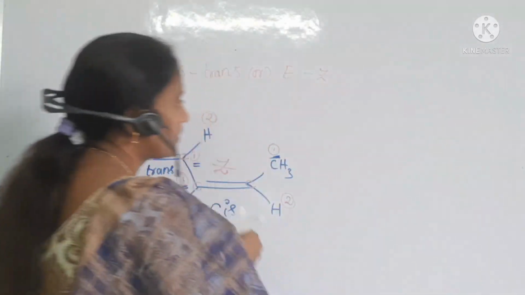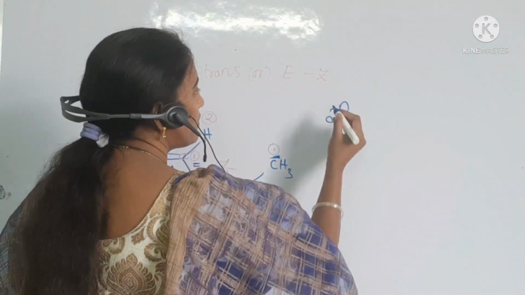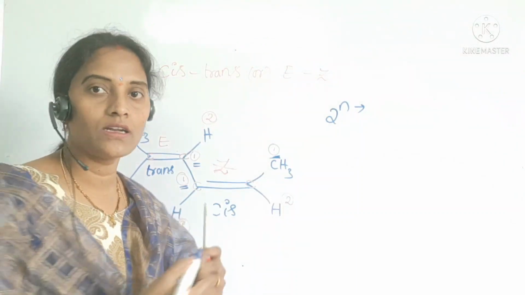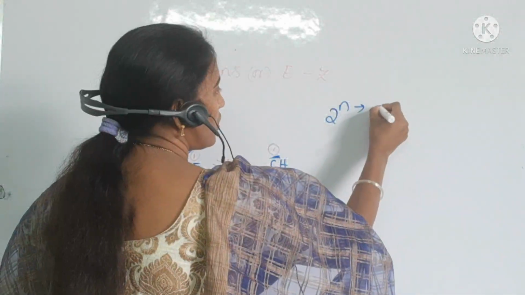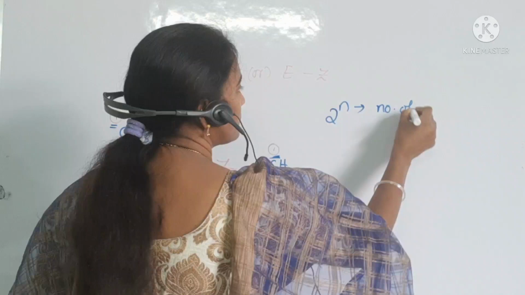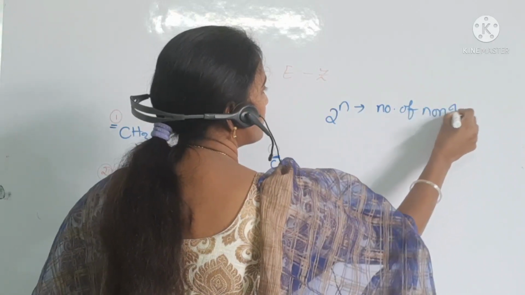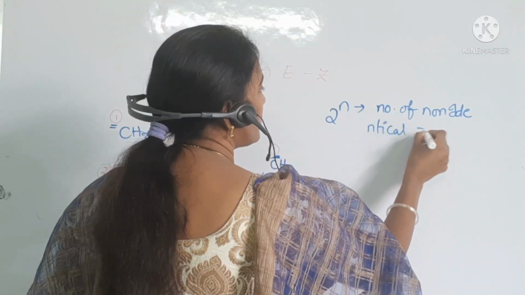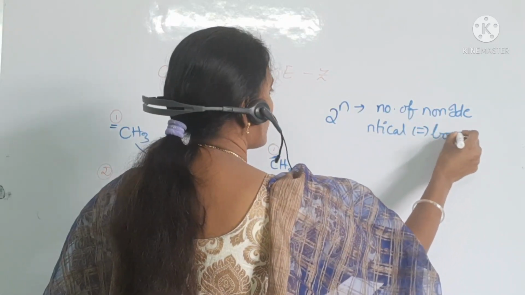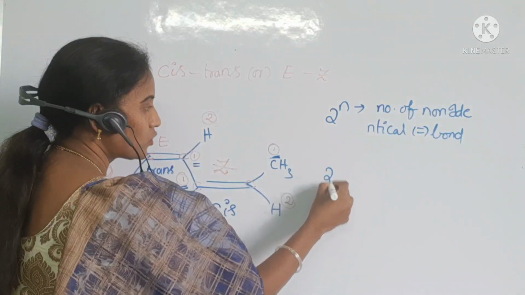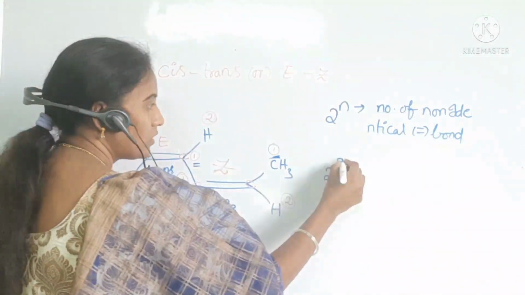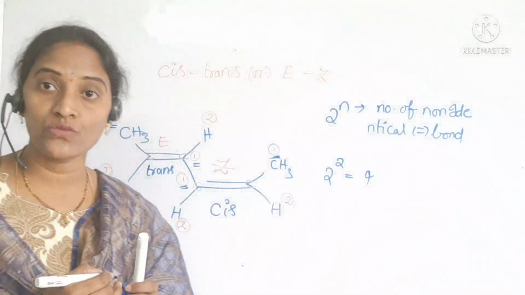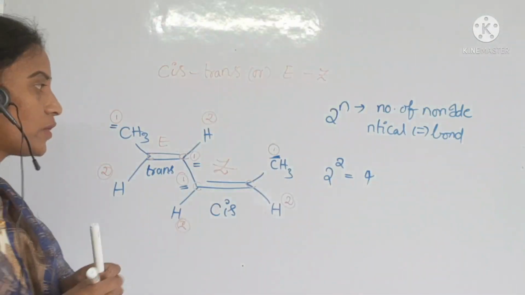N is nothing but the number of non-identical double bonds. So in this molecule, how many double bonds are there? 2 double bonds, so you will get the value 4. That means 4 isomers are possible for this molecule.